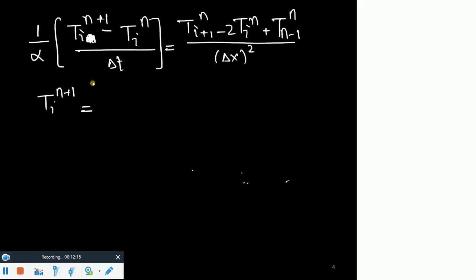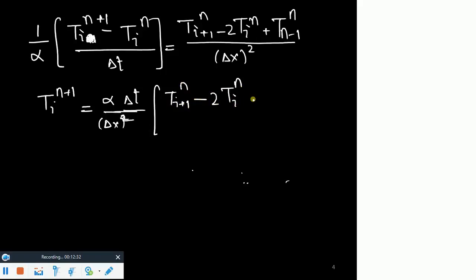I would keep this term on the left hand side and all other terms on the right hand side. So this is alpha del x square, and delta t would also be multiplied over there, and then I would have ti plus 1 n minus 2 ti n plus ti minus 1 n. Sorry, this is I minus 1. I'm sorry for that. Divided by del x square.